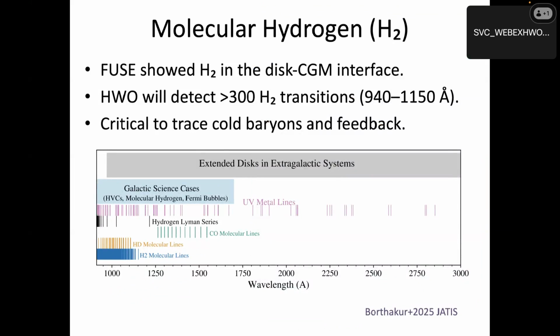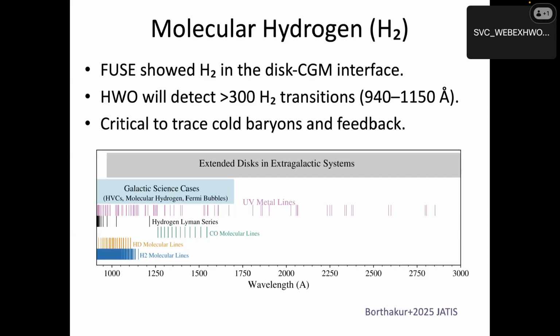So let me just start with the figure here. It's a figure that shows various different lines. For extragalactic systems, we expect all these metal lines. But for galactic systems, when we look at dense things, and maybe even extragalactic systems where we are looking very close to the disk, we can detect all these lines, including higher series hydrogen lines. That gives us a very good column density, which is a big problem in the UV.